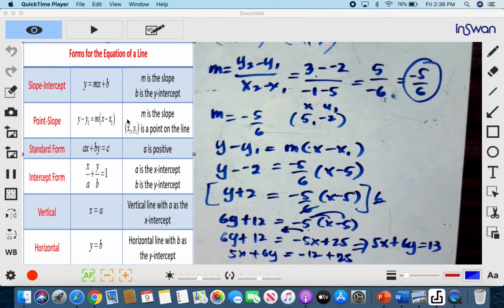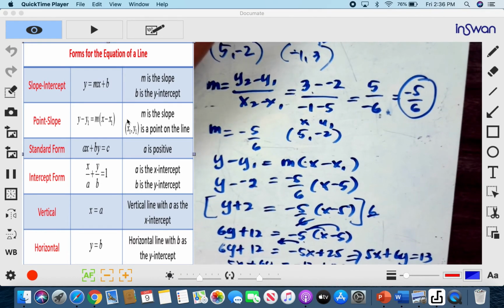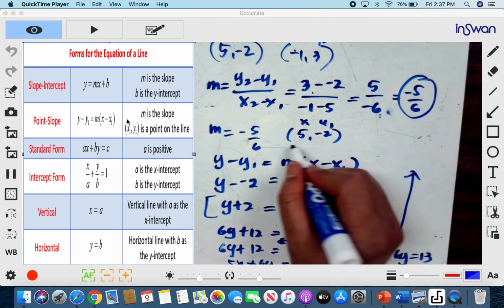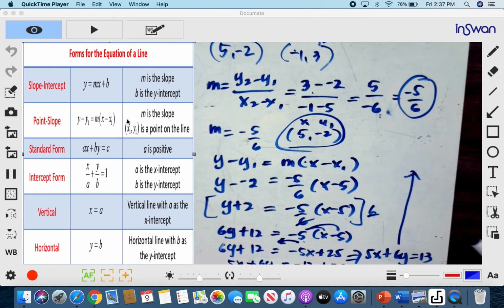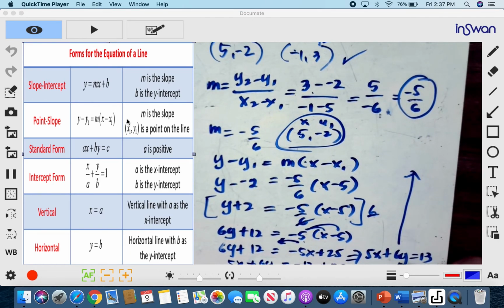Now, how do we know if we did the right thing? How are we sure that we were able to find the equation correctly? Now remember, we have used 5, -2 as our point to find the equation of a line. To be sure that it's correct, we will use the other point to plug in and make sure that this also passes through the line.